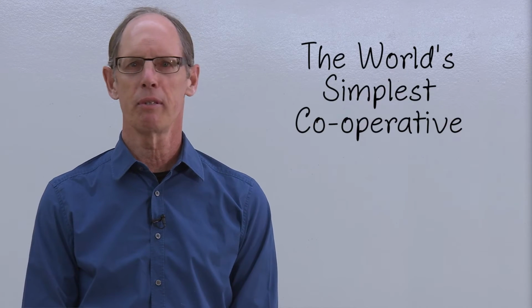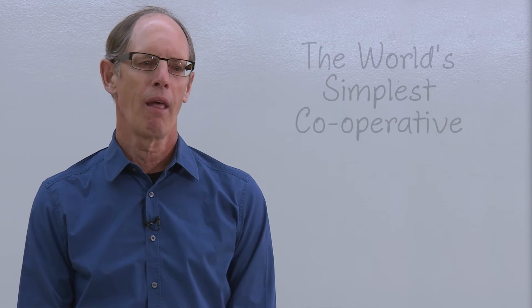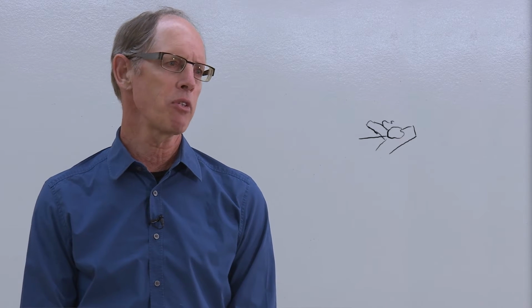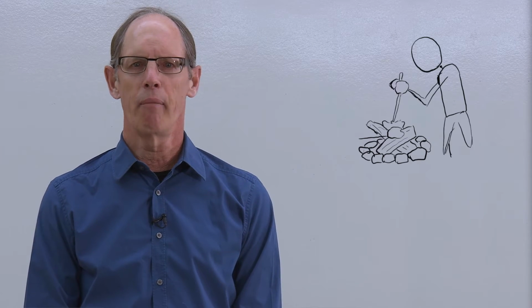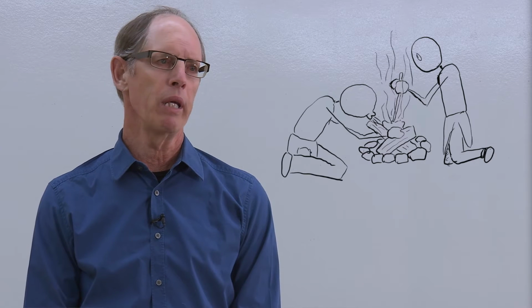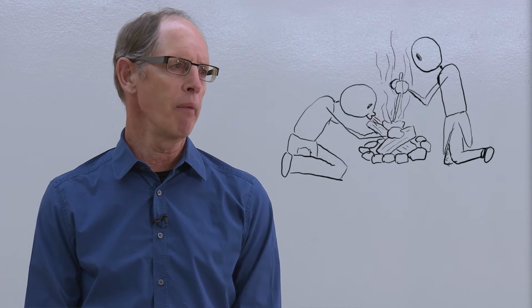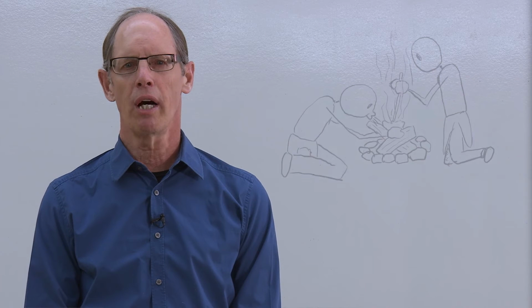The purpose of this lecture is to examine what I call the world's simplest cooperative. Now, cooperation as an activity has been around for thousands and thousands of years. It's an integral part of what we as humans have done over time.